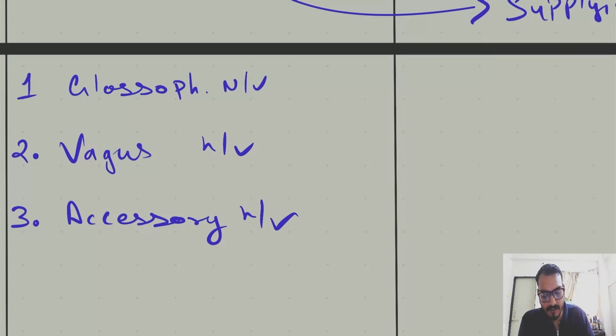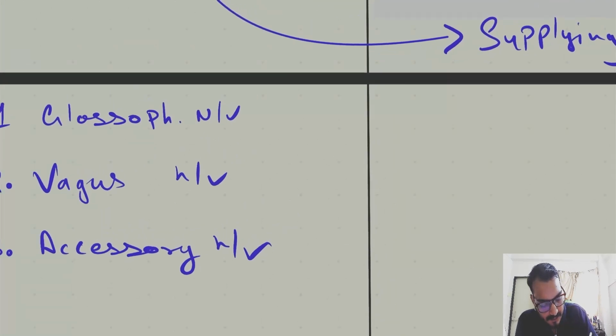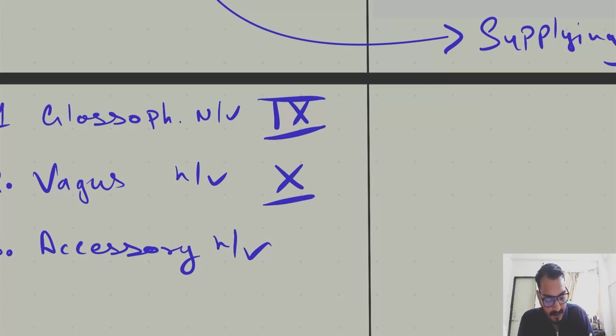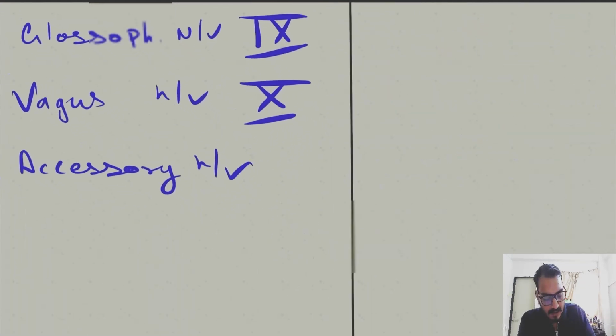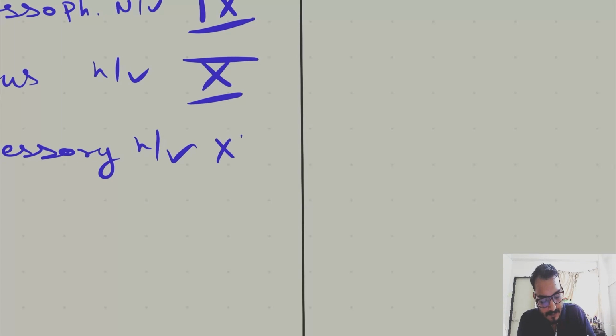What is the number of the glossopharyngeal nerve, guys? The glossopharyngeal nerve is number 9. Then the vagus nerve, which is number 10, and the accessory nerve, which is number 11.